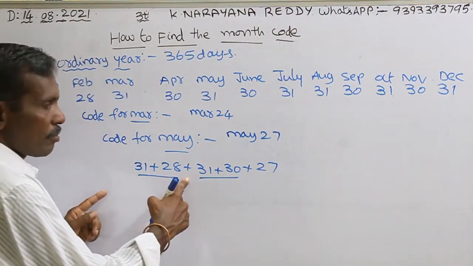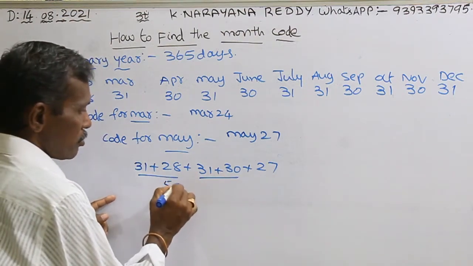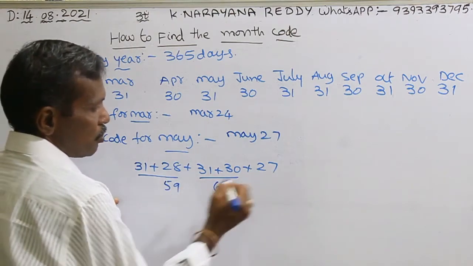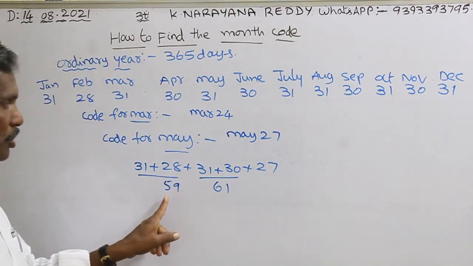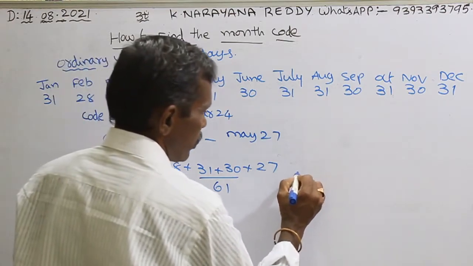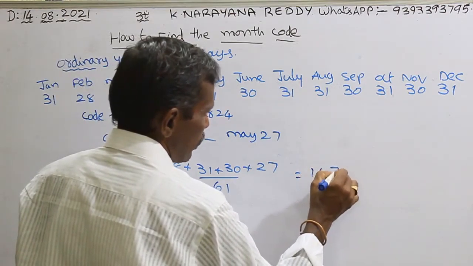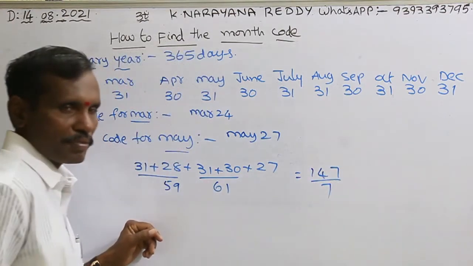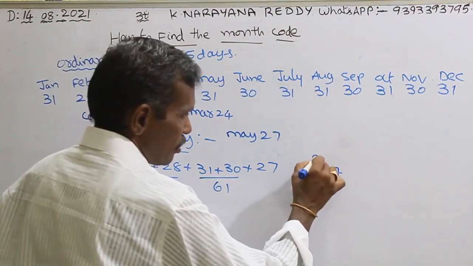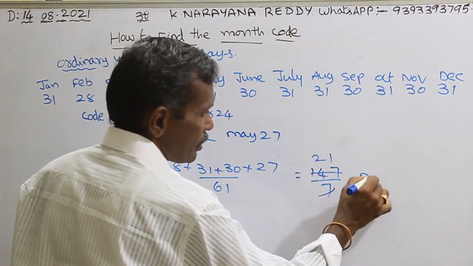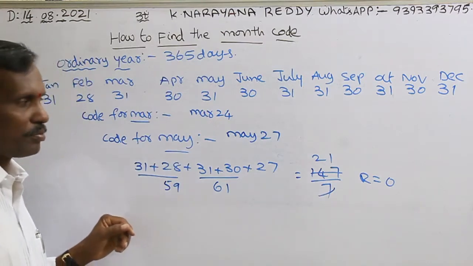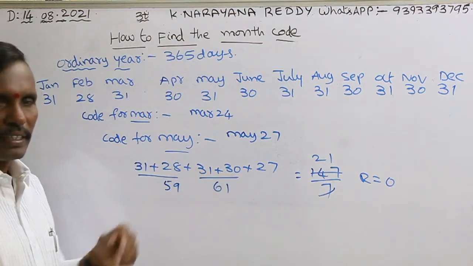59, 61, and 27. 60, 120, 147. Yes, 147 divided by 7. So the remainder is 0. Yes or not? The remainder is 0.